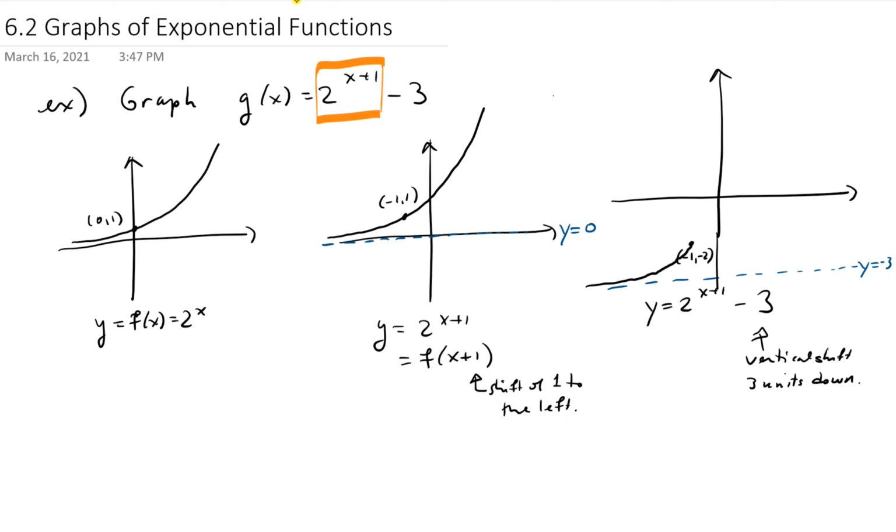What's going to be the y-intercept, x-intercept? We can figure out the y-intercept easily, replacing x by 0. So y is going to be 2 to the 1 minus 3, so that's minus 1. So it's going to cross here. This is the y-intercept, so it's 0, minus 1.